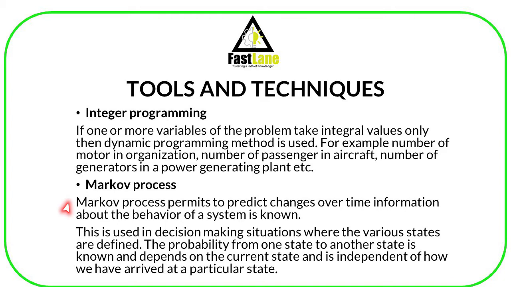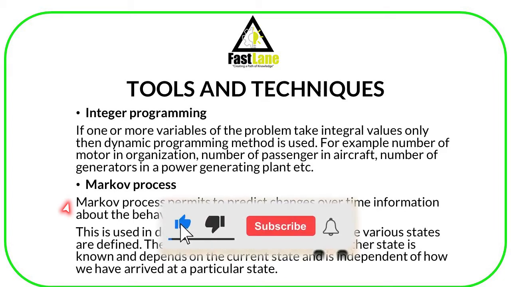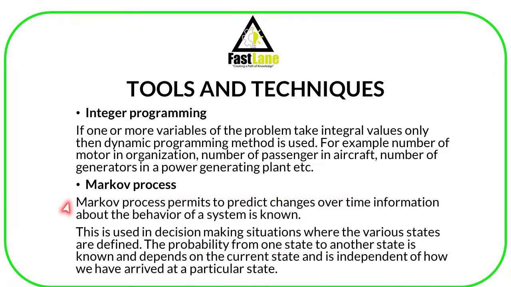For example, let's look at America. There are different states, maybe California and New York. Those are the states. So the probability from one state to another state, if at all it is known, depends on the current state, and is independent of how we arrived at the particular state.